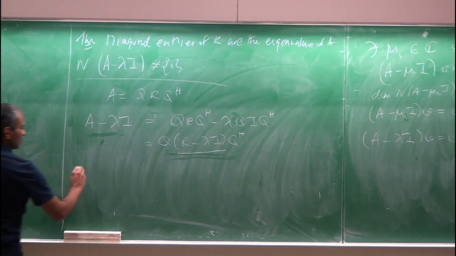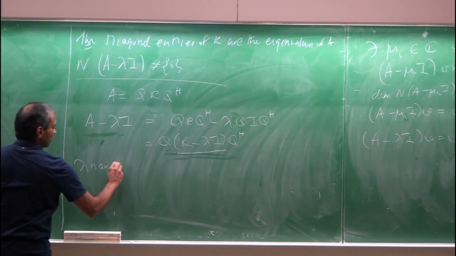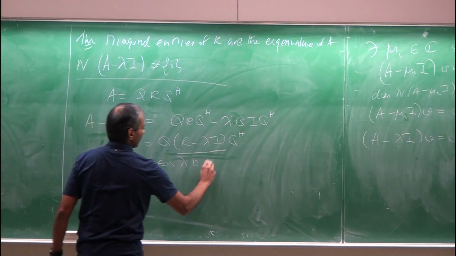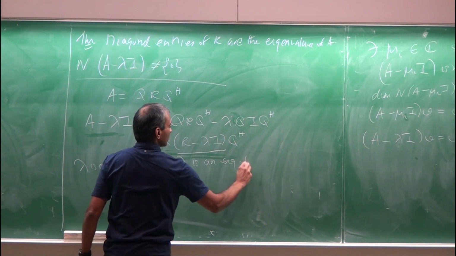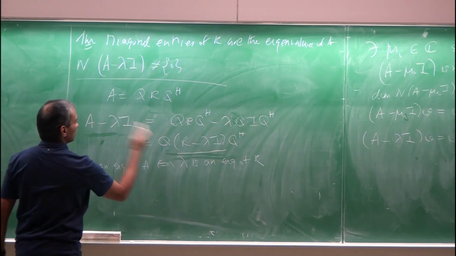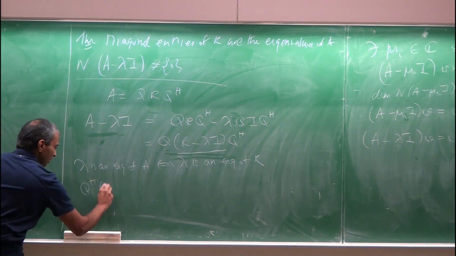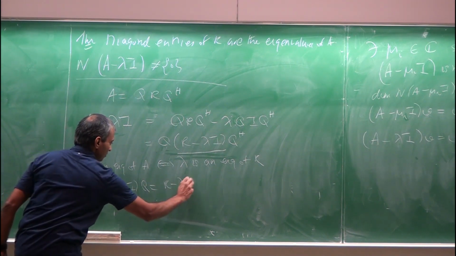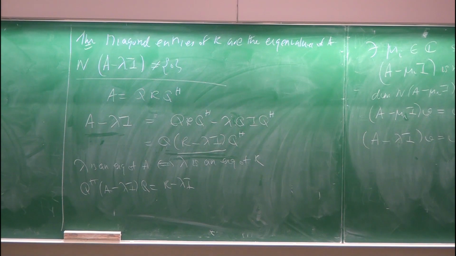So we can write down: lambda is an eigenvalue of A if and only if lambda is an eigenvalue of R. Back and forth, because you can take Q to the other side: QH (A minus lambda I) Q is equal to R minus lambda I. So the argument goes both ways.